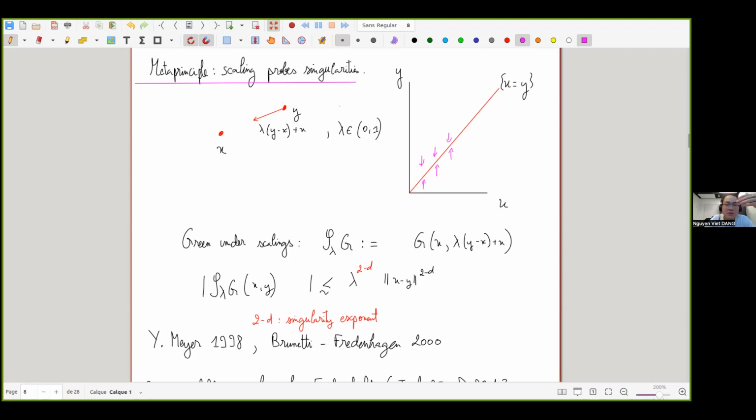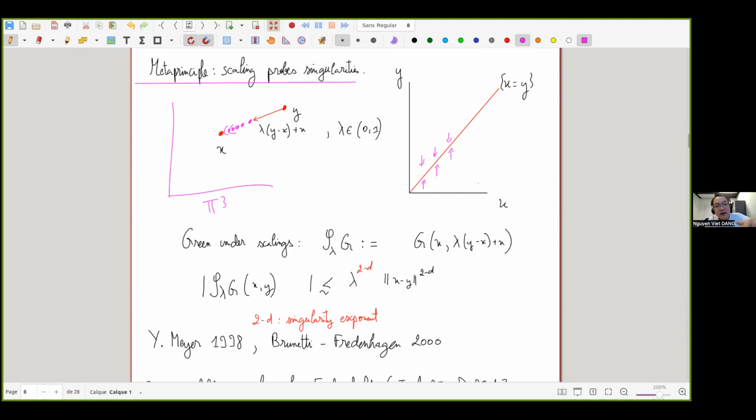So let me be much more precise. You look at x and y, 2 points in, let's say, your torus T3, and you can scale y so that it gets close to x. How do you do it? You multiply y minus x by lambda and add x, and when you let lambda go to 0, this point, lambda times (y minus x) plus x, will collapse to the point x.